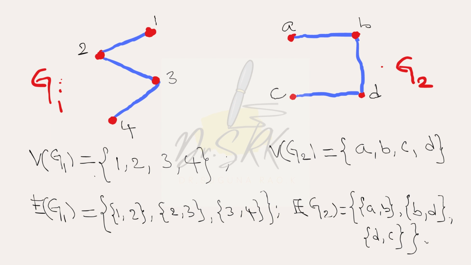E of G1 means edges in the graph G1. Here, what are the edges in the graph G1? 1 to 2 is an edge. That means the vertex 1 is connected by an edge to the vertex 2.